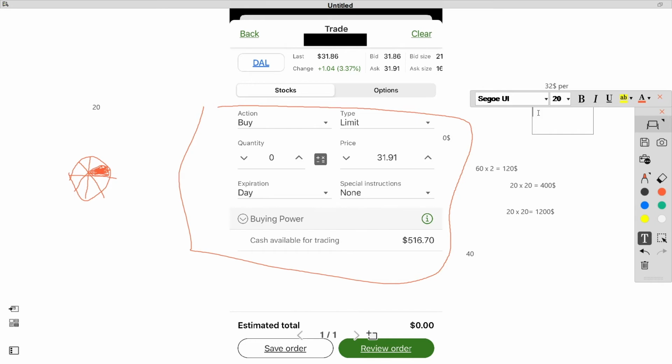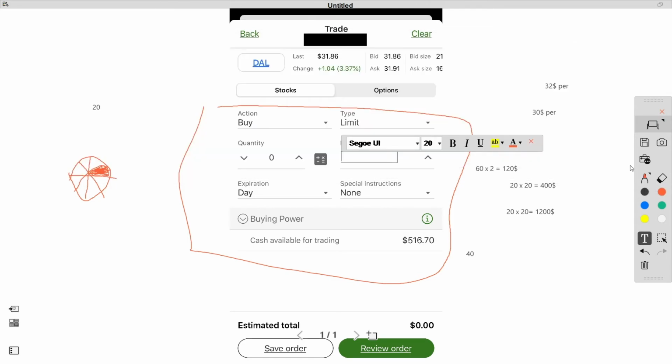We want to see, will it drop down to 30 bucks per share, a little bit lower, a cheaper pie, right? We want it at 30, basically. So you can put 30 down here for the price. You put it down here for the price.